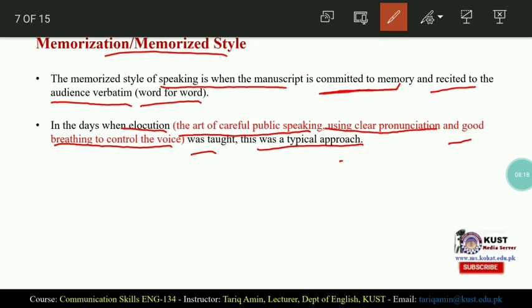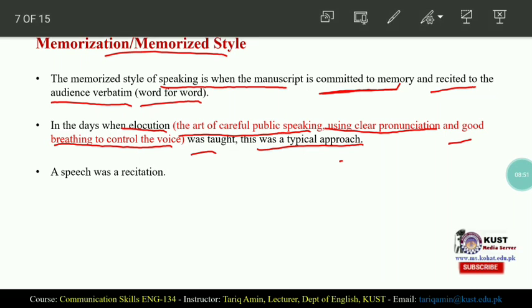People were taught how to speak carefully in front of a public audience. This memorized style was a typical approach in the days when this art was taught.